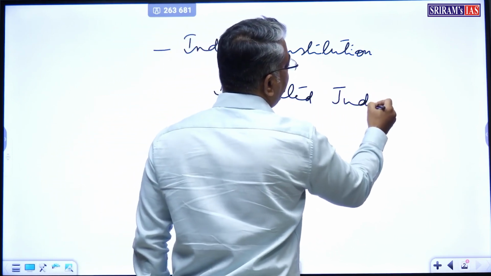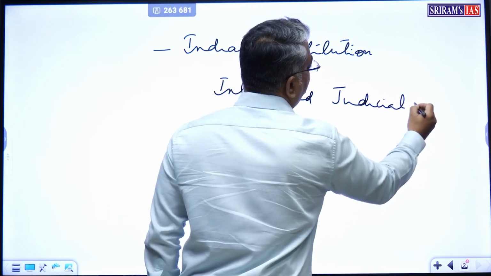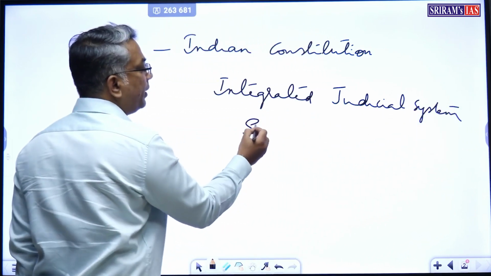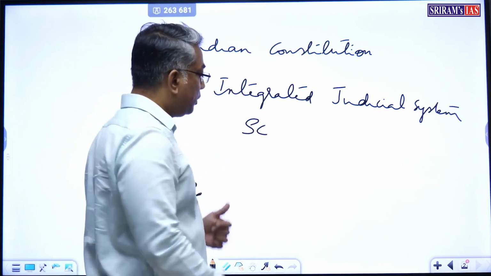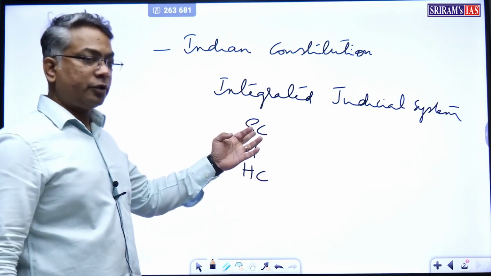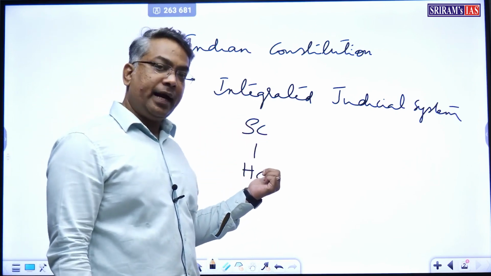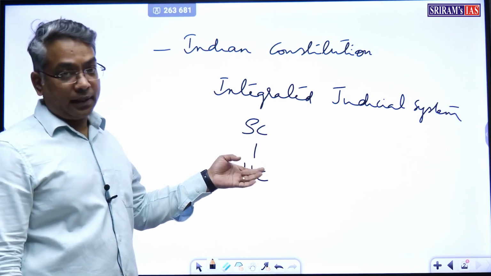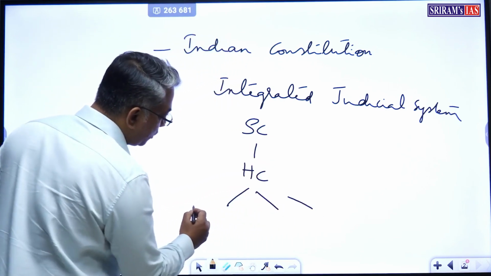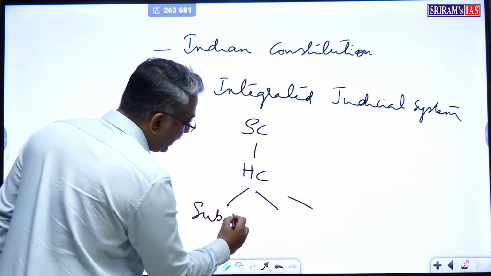An integrated judicial system has the Supreme Court at the top and High Courts below it. Under the High Courts, that is below the state level, you have subordinate or other courts.